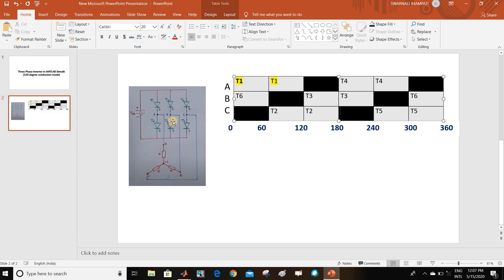Only T1 and T6 will conduct, so the other switches will be open circuited. That means in this 0 to 60 degree interval, the voltage at phase C, VCN, will be 0 because nothing will flow through it. T5 and T2 will be open from 0 to 60.